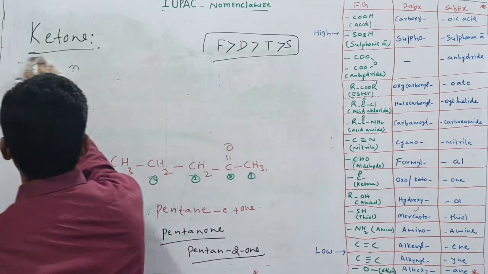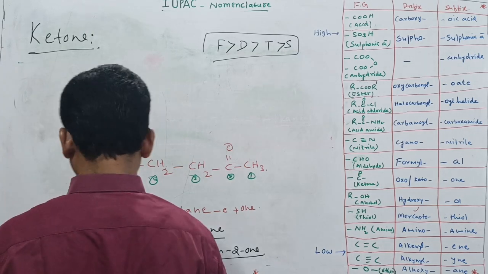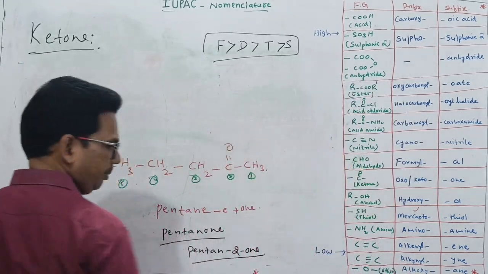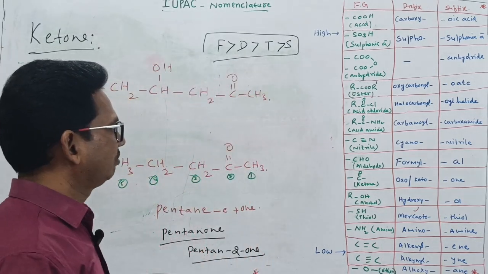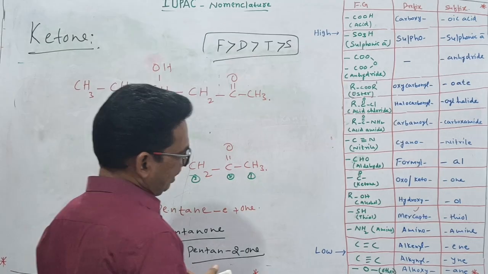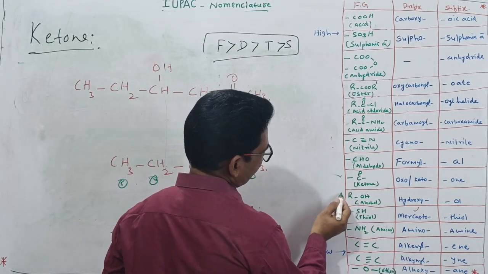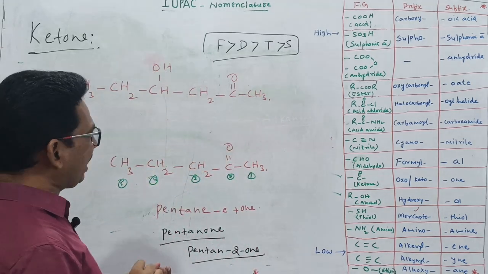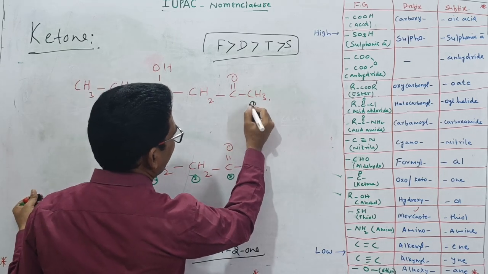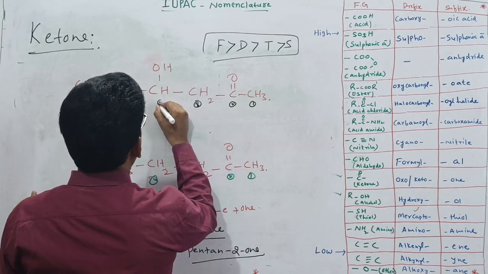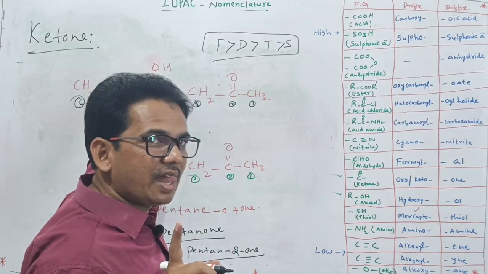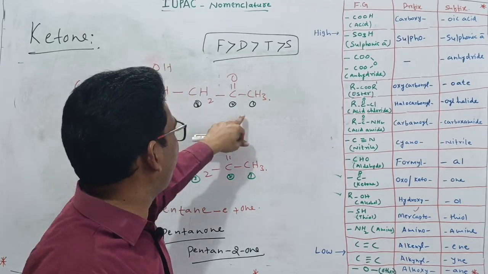Now see, another example I will give for this. Now there are two functional groups. Which is more prior? Ketone is more prior than alcohol. Ketone comes first, and after that OH. Then from where do we have to start the numbering? From the ketonic side: 1 2 3 4 5 6. OH is not called alcohol here, because we write it as a substituent, lower priority compared to the ketone.